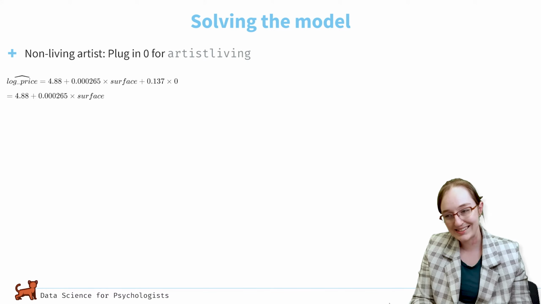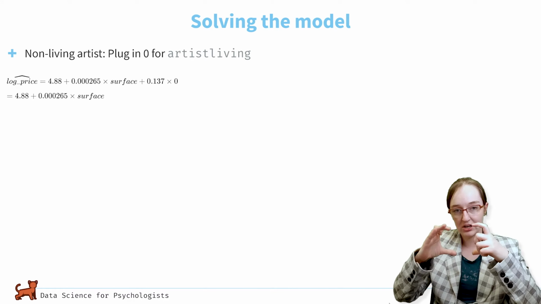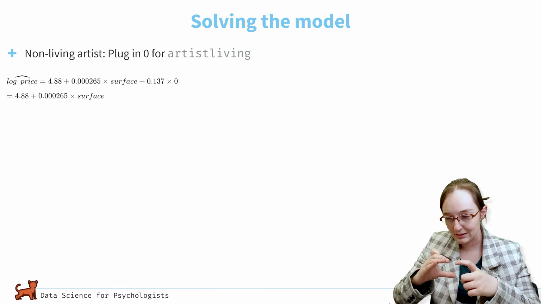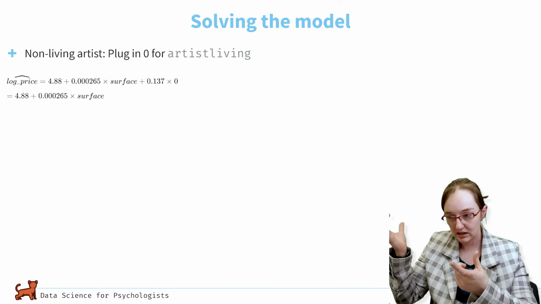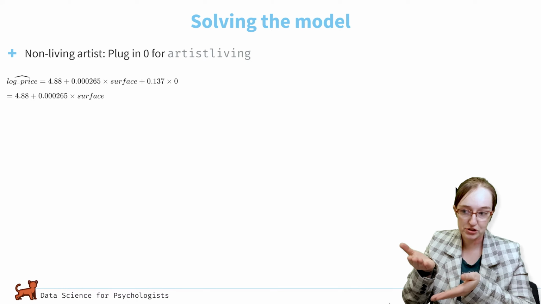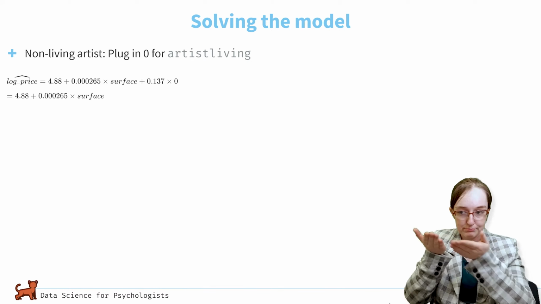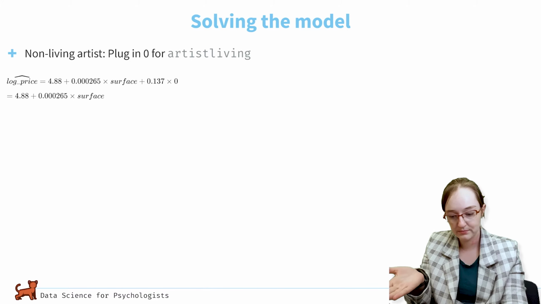So here we can see that the coefficient is 4.88 plus this coefficient times surface area. Pop it in. Cool. This is what happens when the artist is dead.